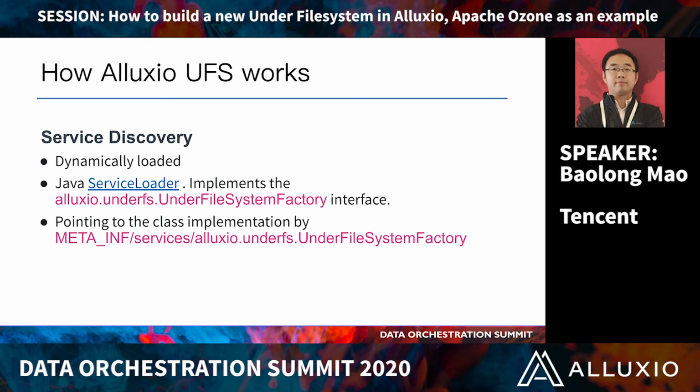Secondly, Alluxio servers use Java Service Loader to discover implementations of the under-storage API. Providers include implementations of the under-file system factory interface. Finally, the implementers need to create a file to point to the specific under file system factory.